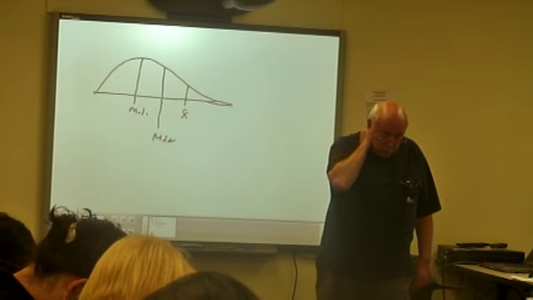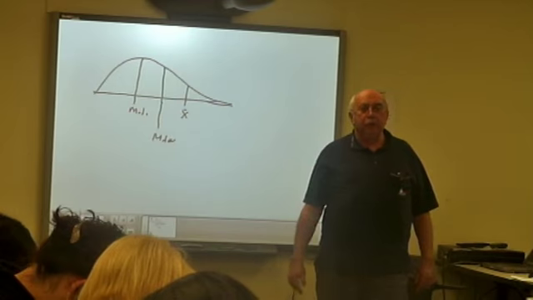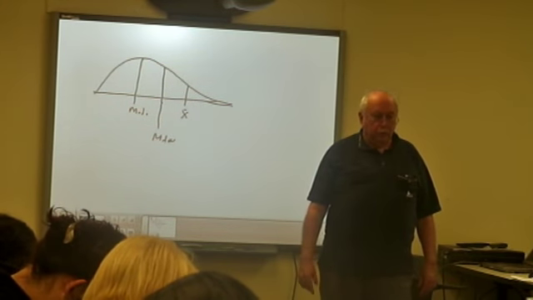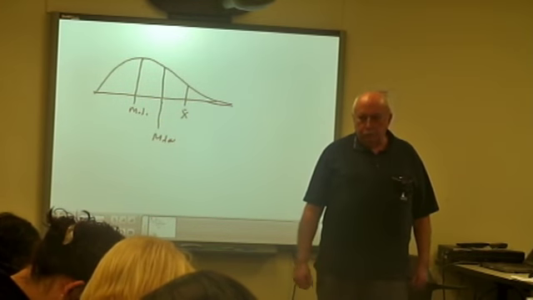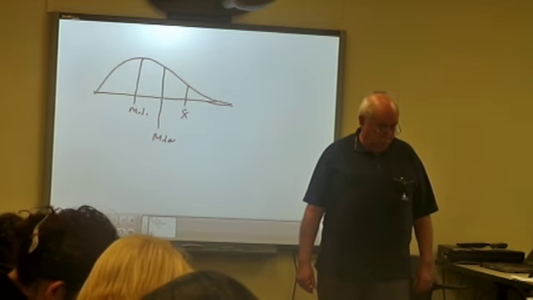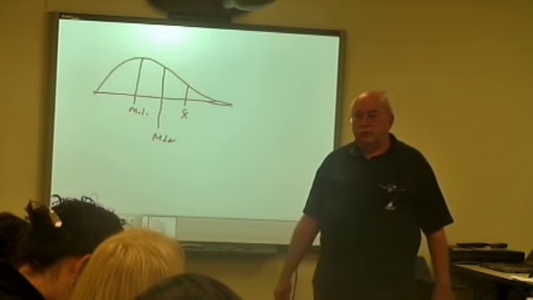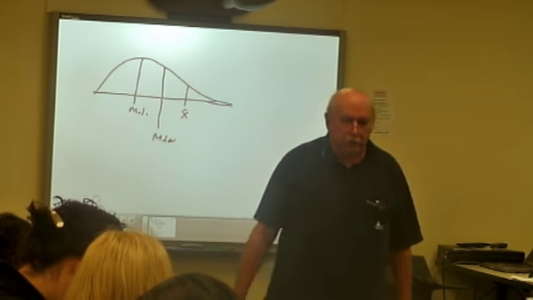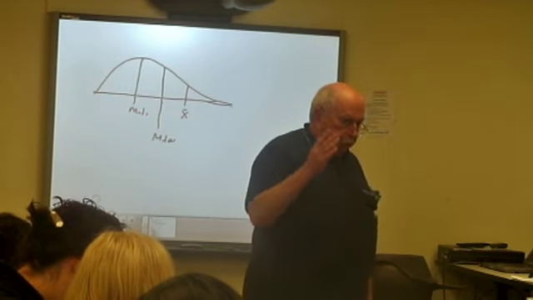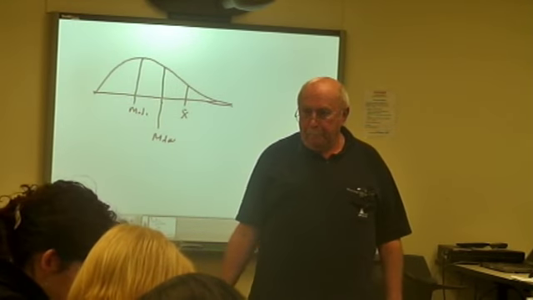The mean is the arithmetic average. You add the scores and divide by the number of scores you added. The median is that score that divides the distribution 50% above, 50% below. Everybody okay with that?